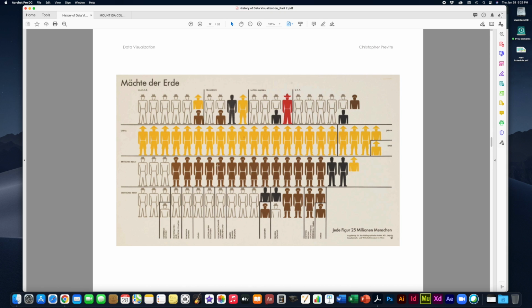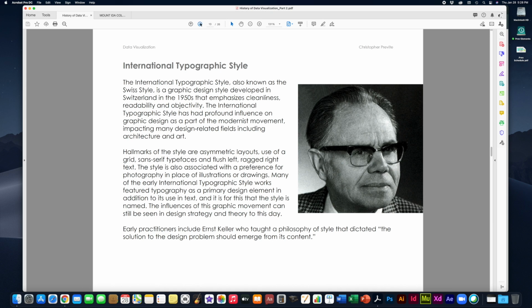People from Arab nations are represented as sort of brown people wearing turbans, and yes, again, that's a terrible stereotype, but we recognize that, but pay more attention to the fact of how these pictograms are used to represent quantitative data.